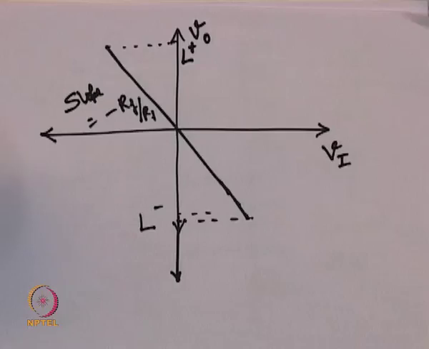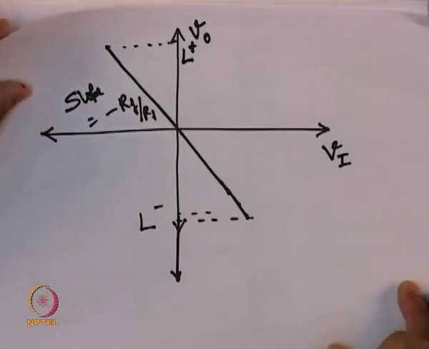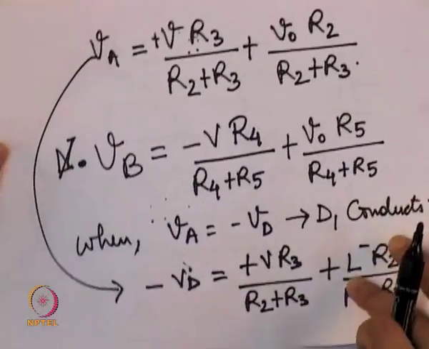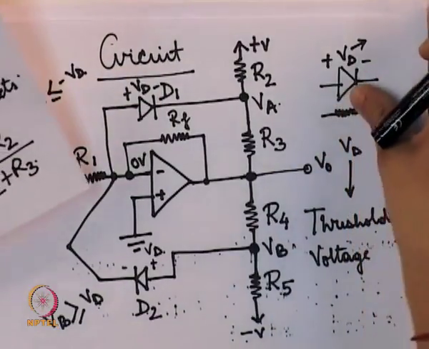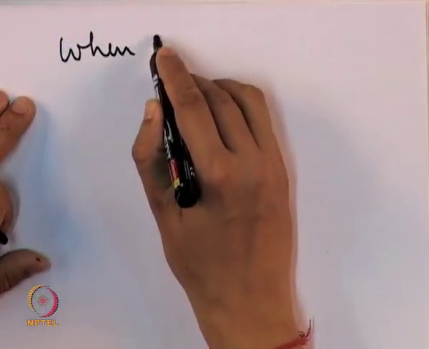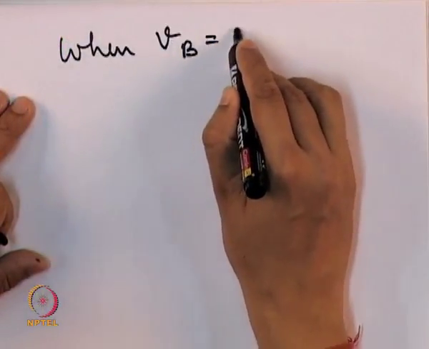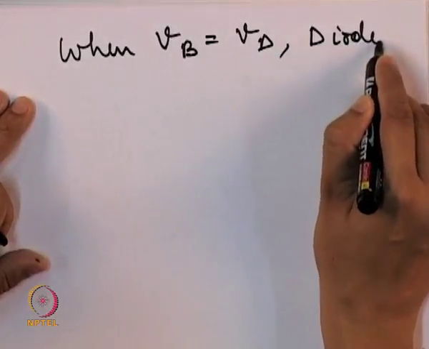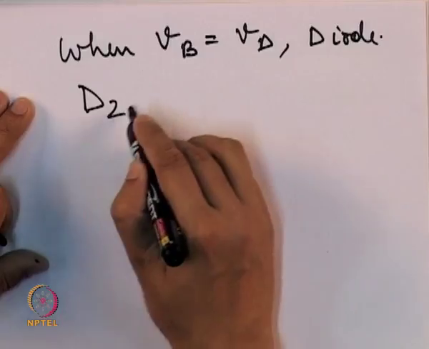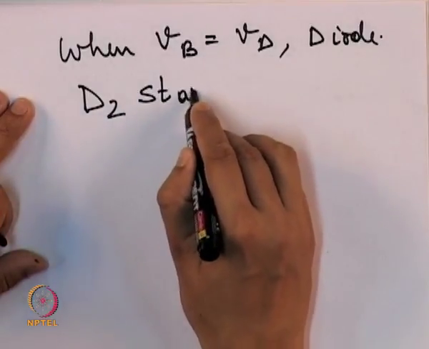L plus. So, what is the value of this L plus? How will we determine? We will determine it from this equation. Okay. So, let us plug in the value of Vb in this equation. When Vb is equal to Vd, diode D2 starts conducting.